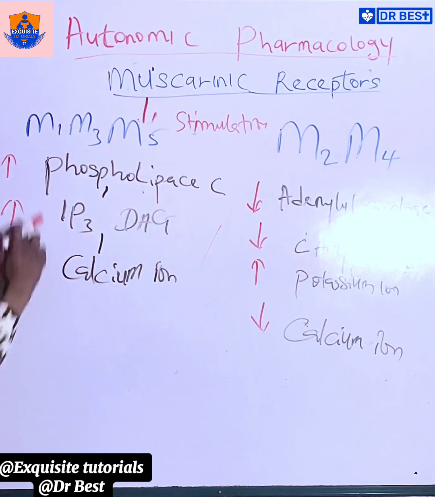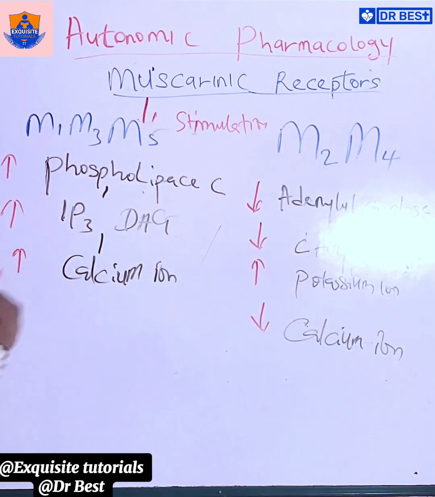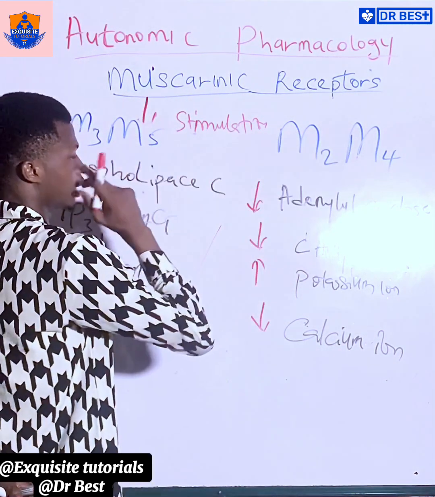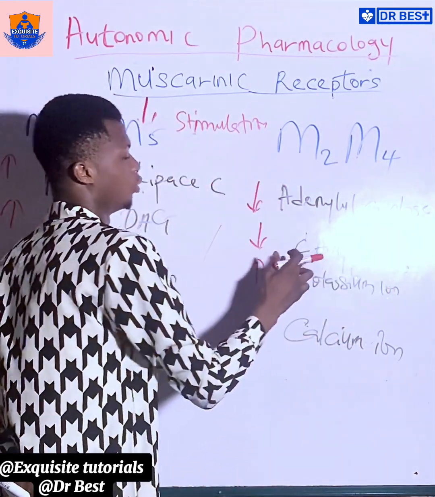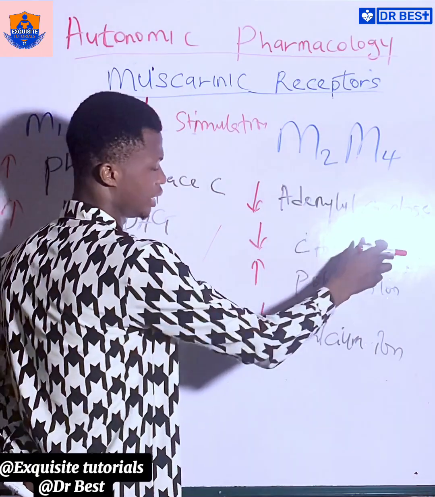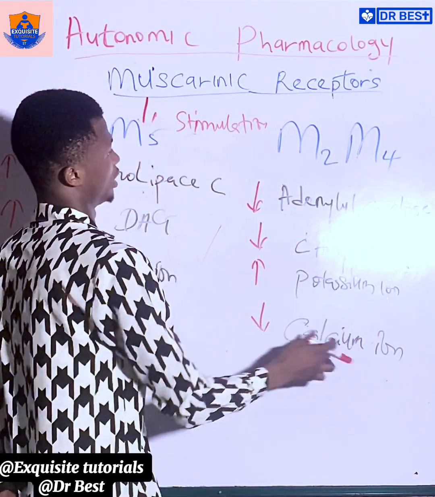Remember, everything here is increasing calcium, mobilization of calcium. Then for M2 and M4, you are going to have reduction of adenylate cyclase, which will lead to reduction of cyclic AMP, increase in potassium ion channel, but reduction in calcium ion channel.